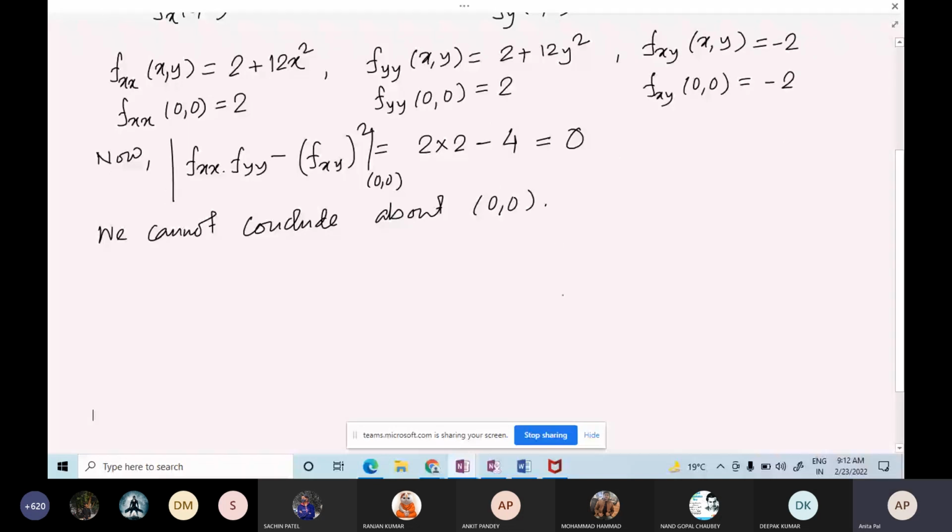Now see, f(x, y) can be written as x minus y whole square plus x to the power 4 plus y to the power 4.